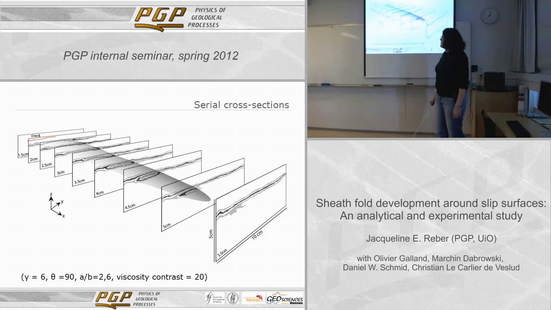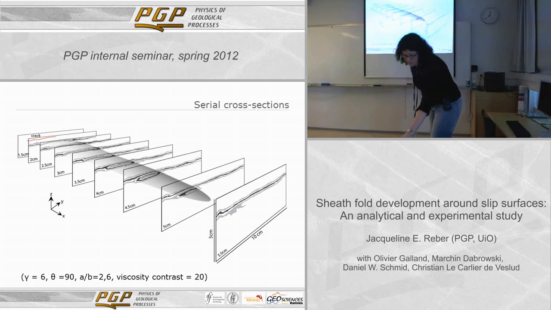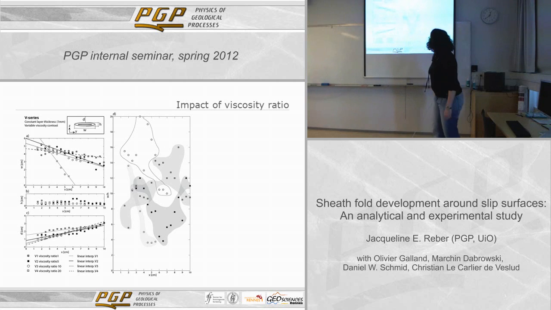Now, to get some more information about these experiments, we measured three geometrical parameters on each of these sections, which are the width of this outermost closed contour, its height, and the depth from the top of the experiment. We plotted all these measurements against the horizontal distance of the sheath fold, so for each slide from the crack to the tip of the sheath fold.